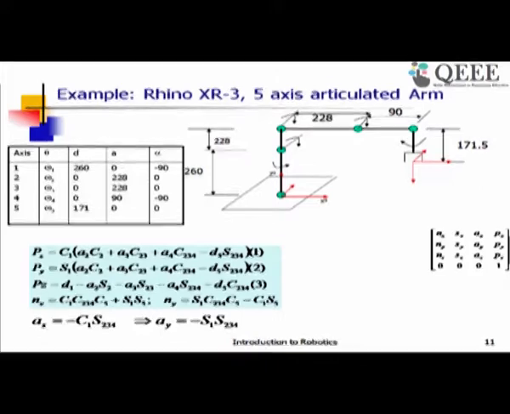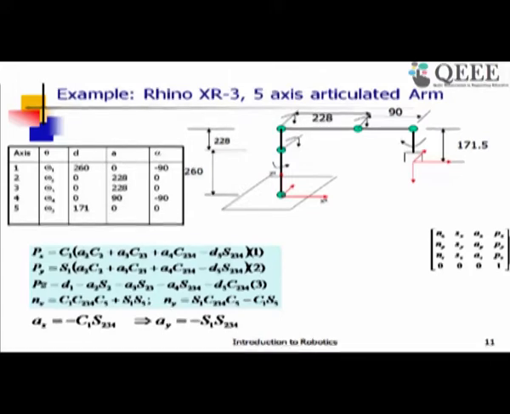Nx, Ny, Ax, Ay are given. So we can have 12 equations like this, and these 12 equations are to be solved to get expressions for theta 1 to theta 5 in terms of the required position and orientation.